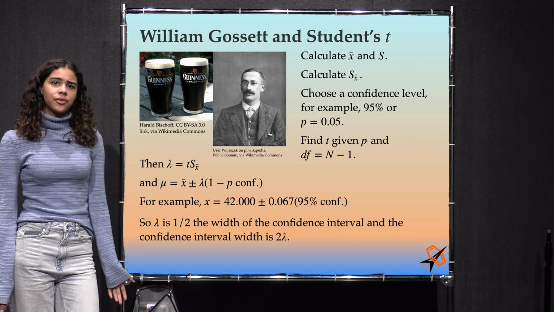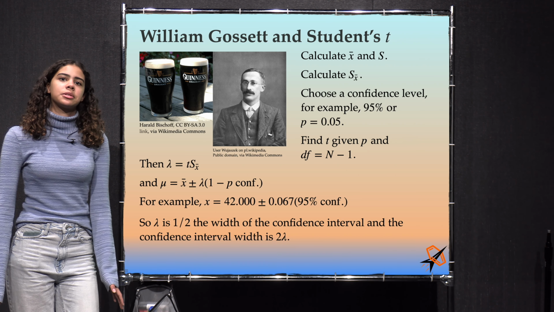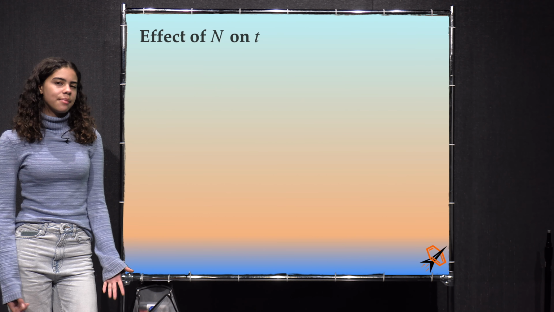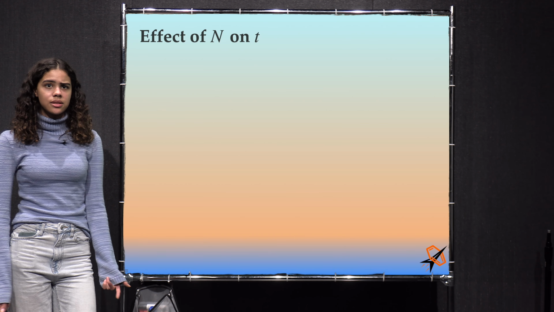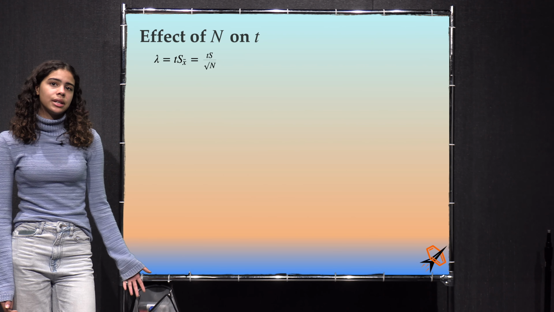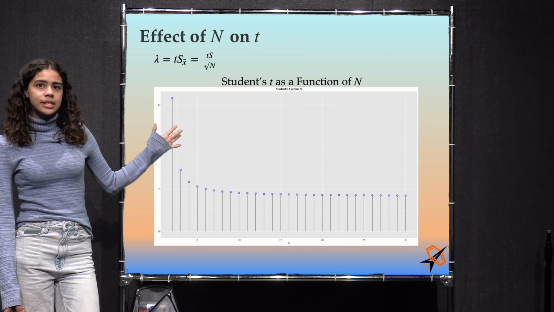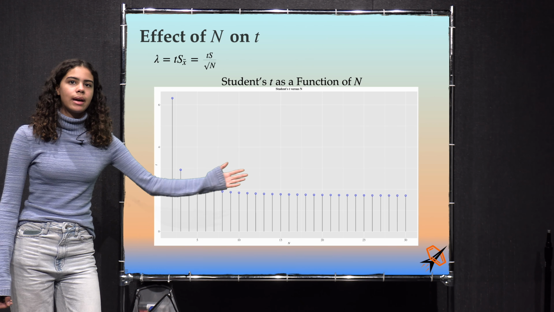What are the implications of all this on your measurement making? You can make the mean of your measurements arbitrarily precise by taking a large number of measurements. However, limits of time and money mean that the number of measurements you make has to be limited. What are the trade-offs? The confidence interval, lambda, is the product of Student's t and the standard error. This plot is the value of t for 95% confidence versus the number of measurements, n.